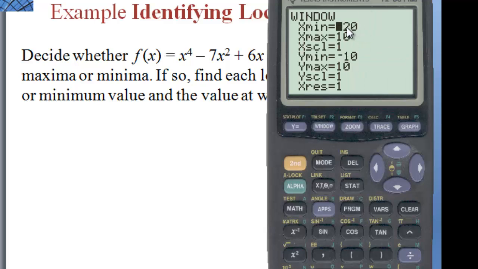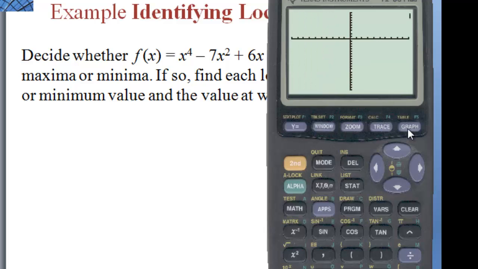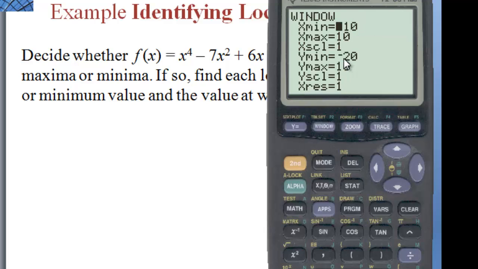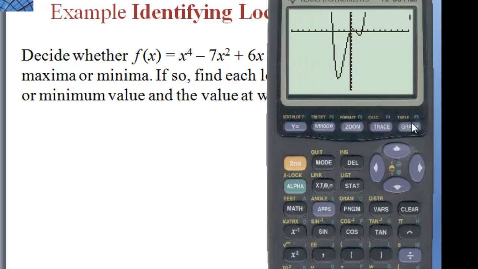We'll leave our x minimum as -10, and that was the y we wanted to change at -20. And let's graph that. Still are not getting the minimum down there, so let's make it -30, and graph. There we go.